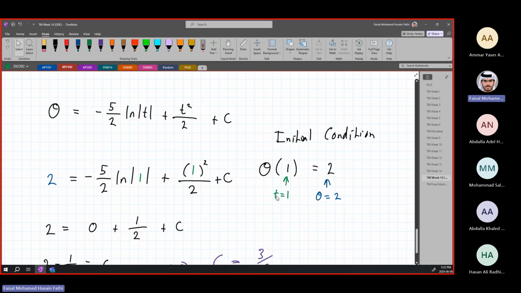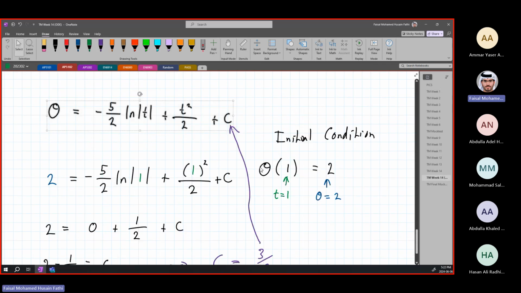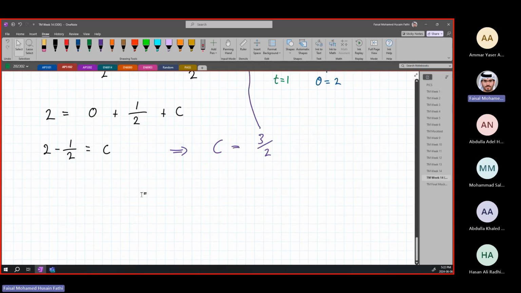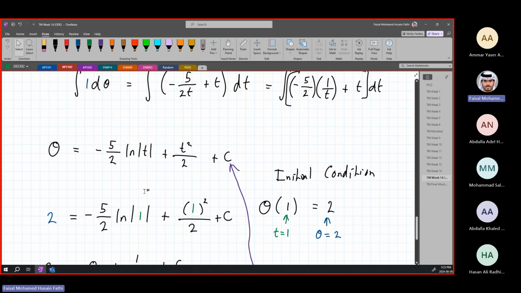And now your final step is plugging c back into the c value over here in our original equation. So the final value for an initial value problem is the same solution plus c, which is 3 over 2. Okay?